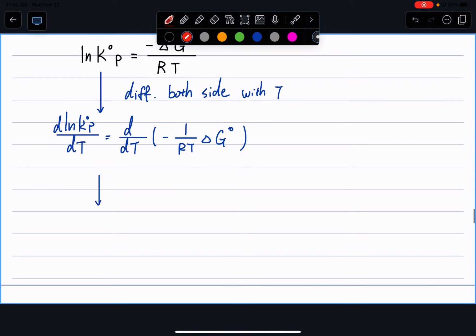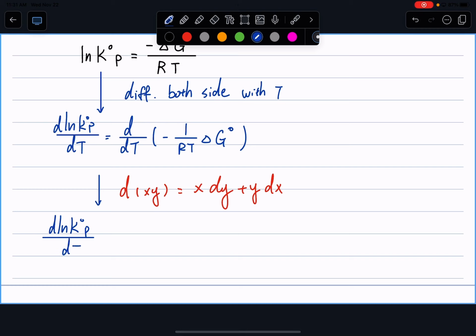Next step is, again, using calculus. We should be pretty familiar with this, right? When you have a product inside the differential, it equals x dy plus y dx. By doing that, we can simplify our right-hand side. The left-hand side stays the same.